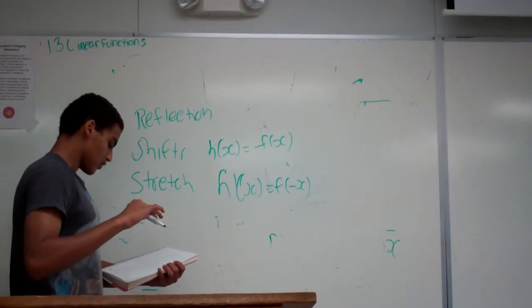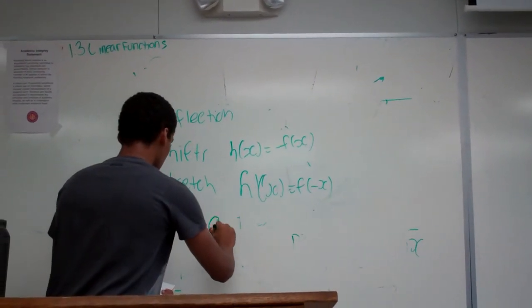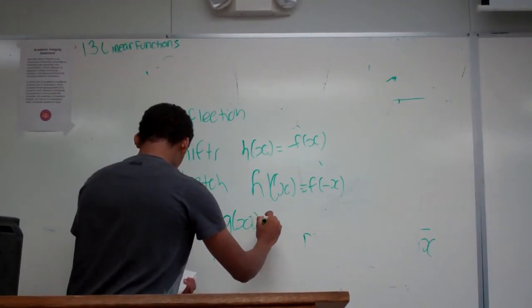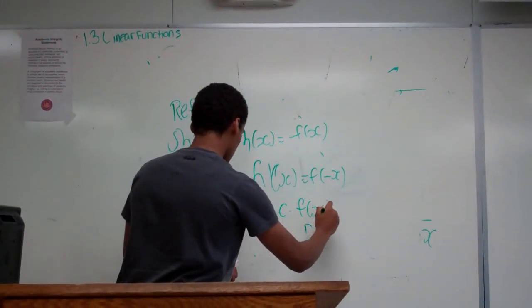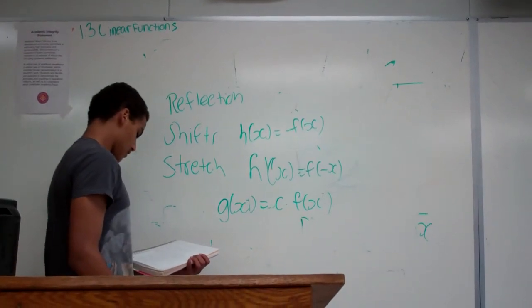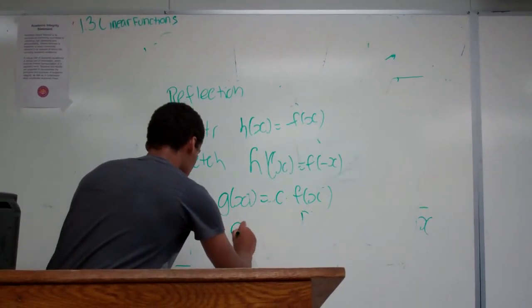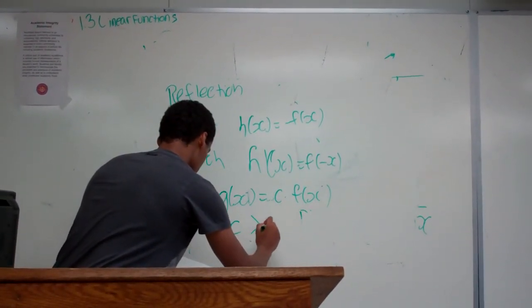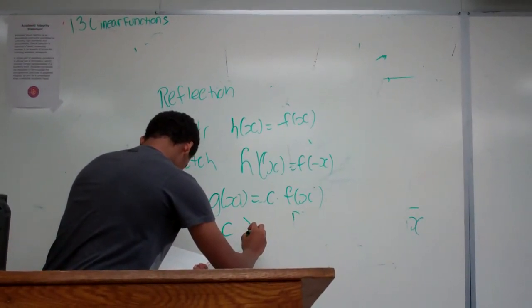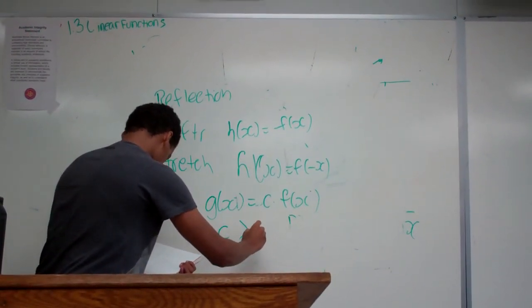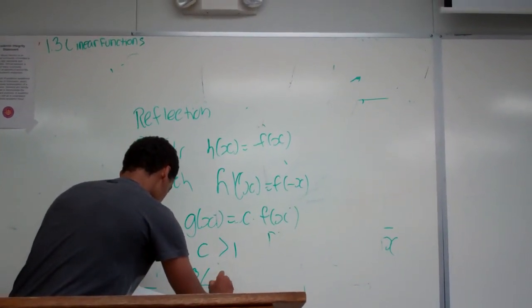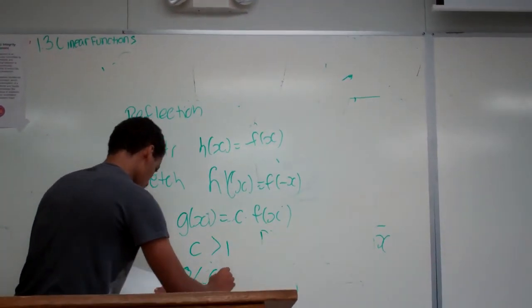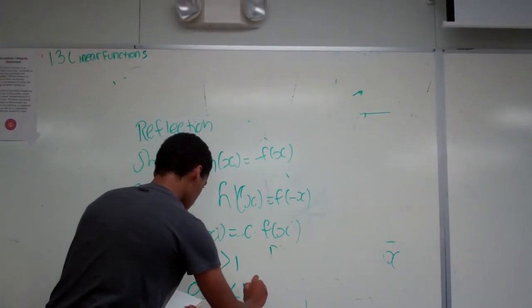And stretching vertically along the y-axis can be represented by this: g of x equals c times f of x. And it stretches if c is greater than 1, and shrinks if c is greater than 0 and less than 1.